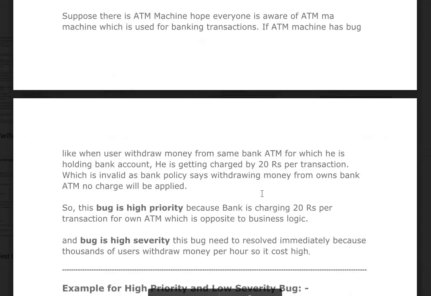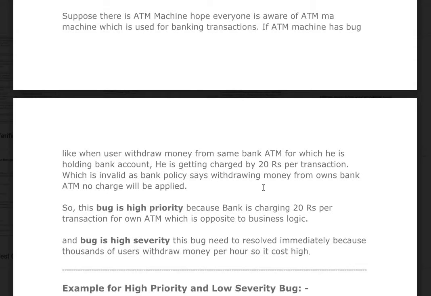And this bug will be considered as a high severity as well. Why? Because this bug needs to be resolved immediately, because thousands of users withdraw money per hour. So the overall cost in terms of functionality and impact will be very high. So this will be considered as a high priority and high severity bug.